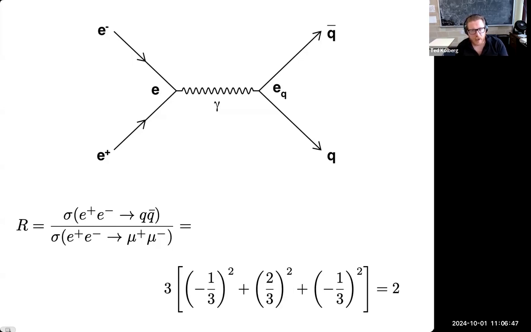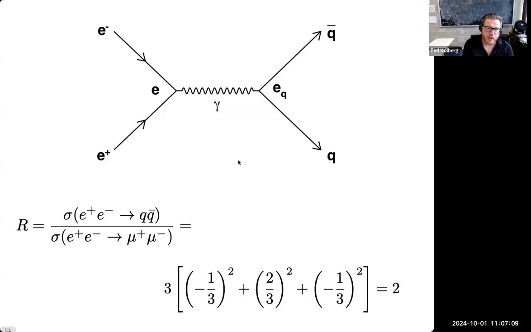This could be another electron-positron pair, but it can also be something else. In particular, it can be a quark-antiquark pair. And then these quarks, remember, we had hypothesized that the quarks cannot be free. And so they have to hadronize into mesons, usually, or sometimes baryons. And it's that which the experiment would see.